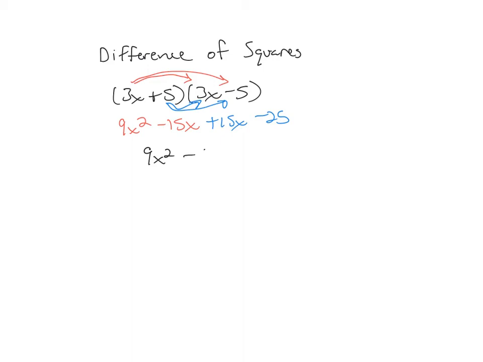So those do cancel each other out, and you're just left with 2 terms. Difference means subtraction, so there's our subtraction. And squares mean like 3 squared is 9 and 5 squared is 25. So that's kind of the name of it. So this is the only situation, if you notice, where you'll get 2 terms as the answer.